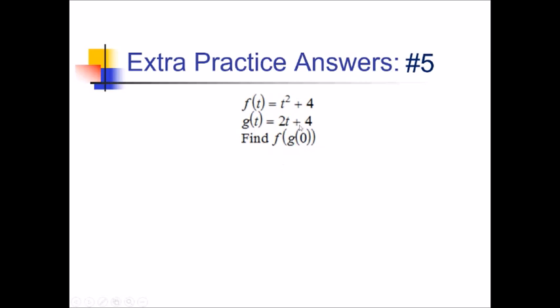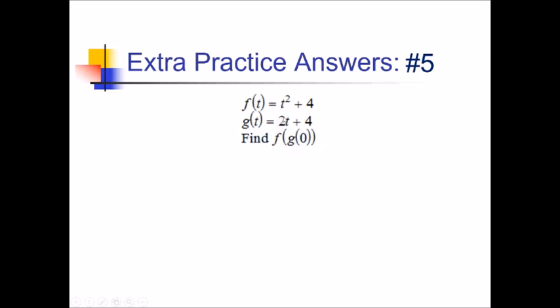On this problem, we're doing f of g of 0. So the long-range thing that's happening here is I have to plug 0 into the g function, get a number, and then plug that number into the f function. So we need to find g of 0 first and work our way out. g of 0, that's 0 plugged in for the t in the g function.